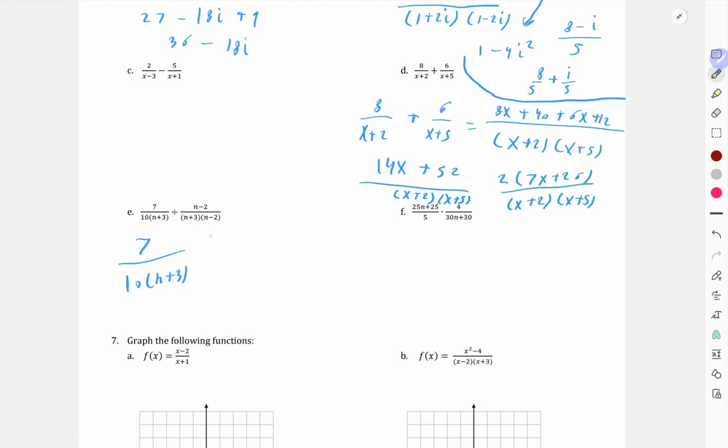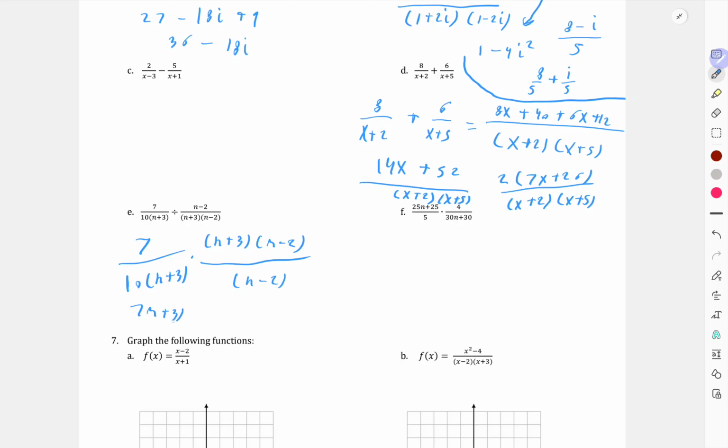So this is n plus 3, n minus 2 on the numerator instead of the denominator, and then it's multiplication.